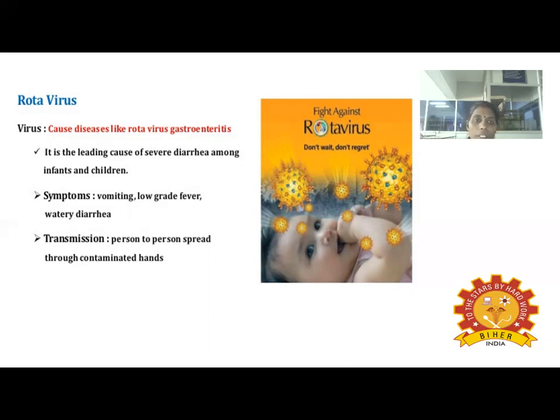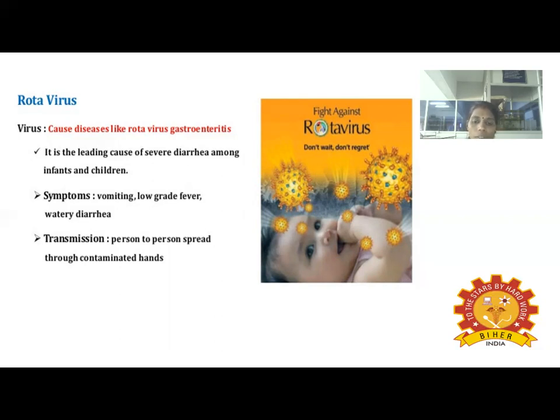It is the leading cause of severe diarrhea among infants and children. The symptoms: vomiting, low grade fever, watery diarrhea. The transmission: person to person spread through contaminated hands.